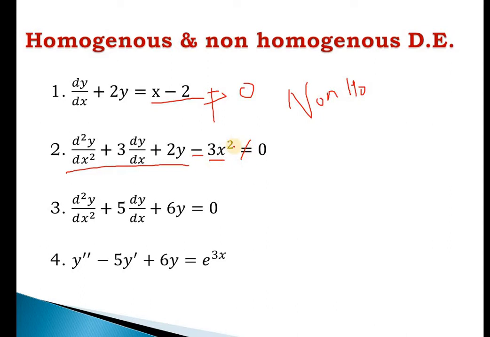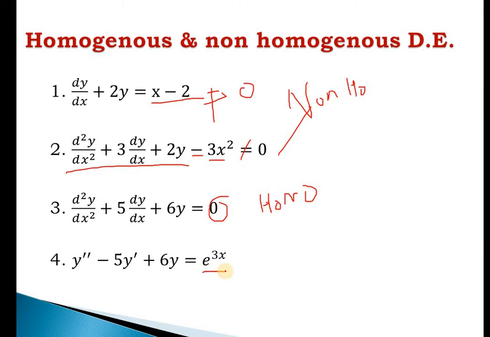Here it is non-zero, and therefore this is also a non-homogeneous differential equation. In the third example, there is no function on the LHS as well as the RHS, and the RHS is 0, therefore it is a homogeneous differential equation.